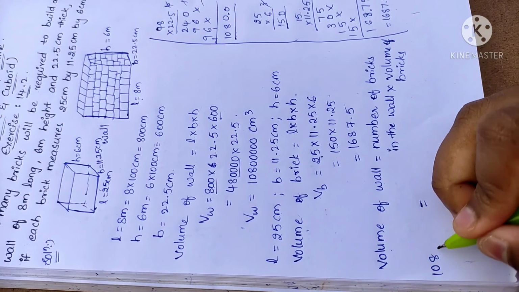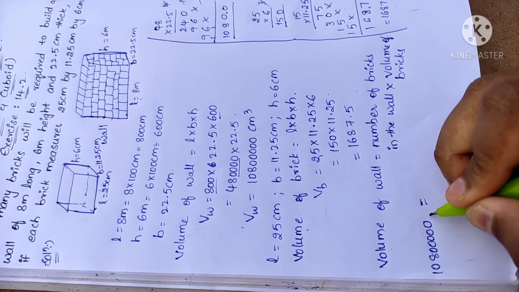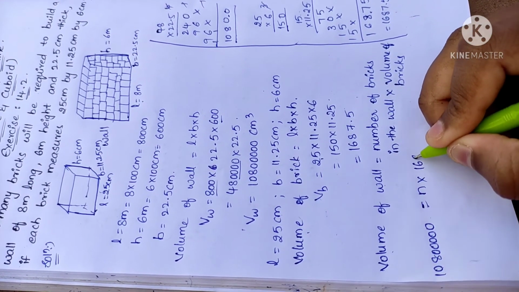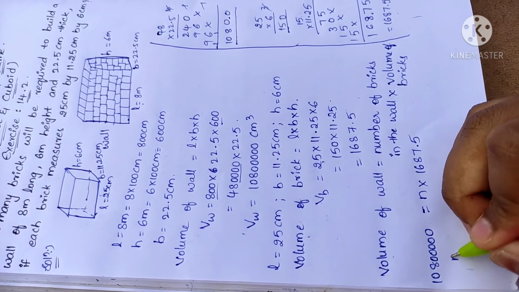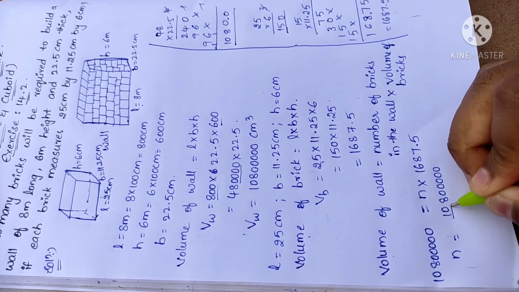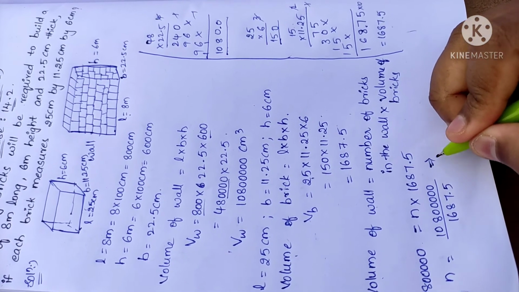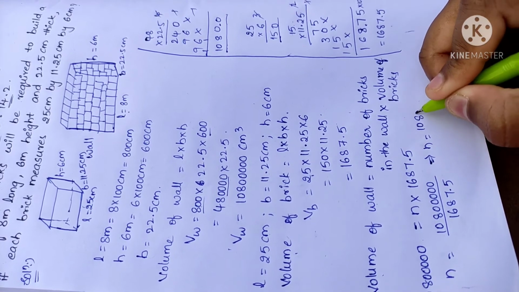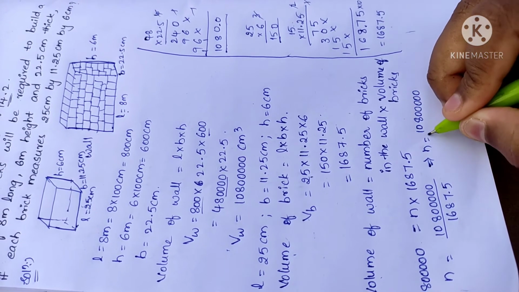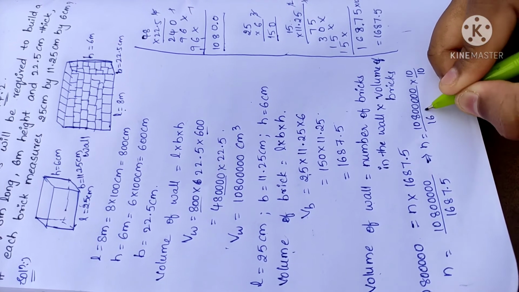Here we have 6 zeros after 8. Next, number of bricks, take it as small n, into volume of brick 1687.5. So here n equal to 108,000,000 by 1687.5. Here we have 0.5, a point before one digit, so we can multiply the numerator and denominator by 10.